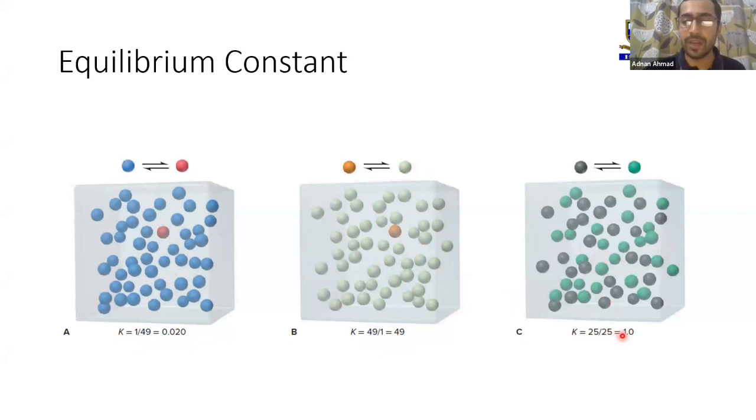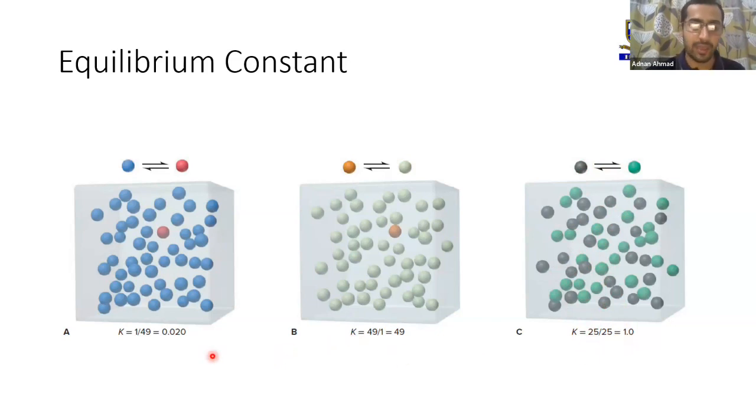And if our equilibrium constant is very close to 1, it means that we have an equal number of reactants and products, right? Black represents the reactants, and the green balls represent the products. So we have equal quantities of reactants and products when the equilibrium constant is near 1.